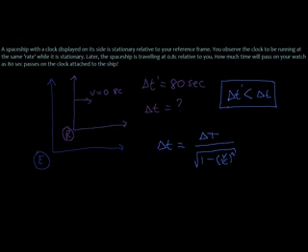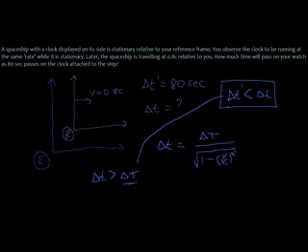Or simply, in this formula, we have our proper time divided by a number which is less than 1. Because we're dividing by a number less than 1, it's like multiplying by a number that's greater than 1. And so our delta t is going to be greater than our proper time. So because our delta t is greater than our proper time, in this case, our delta t prime must be our proper time.